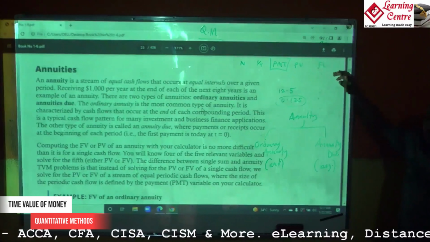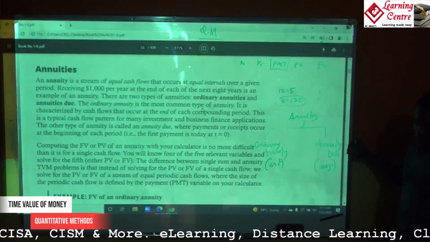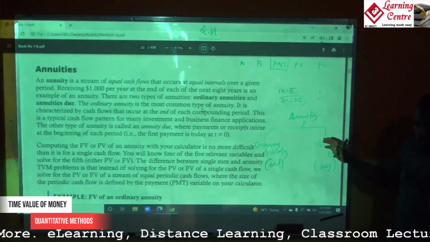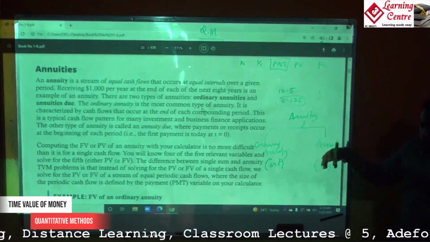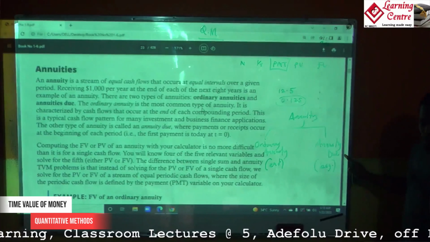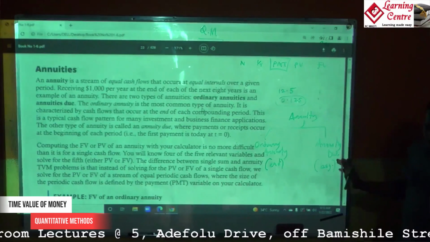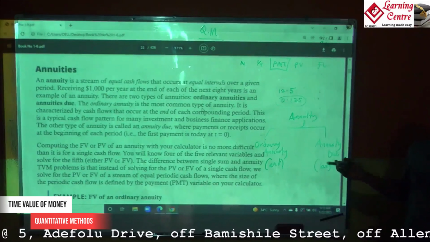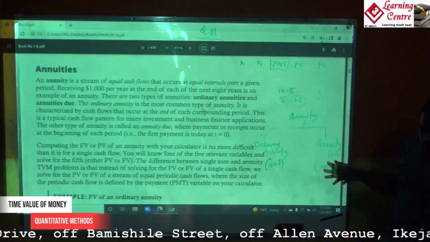So by the time you are done solving the annuity due question, it is good practice to take your calculator back to end mode, because most questions that will come are always in the end mode. If you forget, maybe your question 1 is an annuity due question, so you put your calculator in beginning mode, and then question 2 is ordinary annuity, and you forgot, well, you would miss that question, not because you don't know how to use your calculator, but because you forgot to change the mode, right?